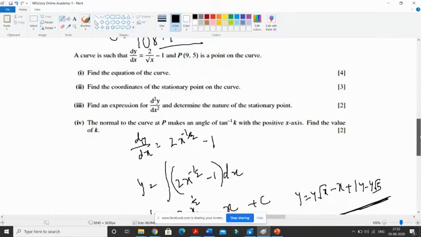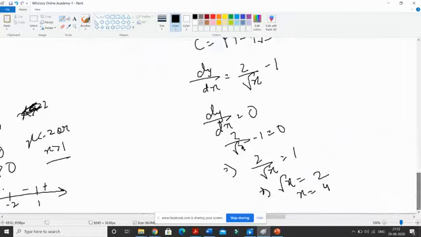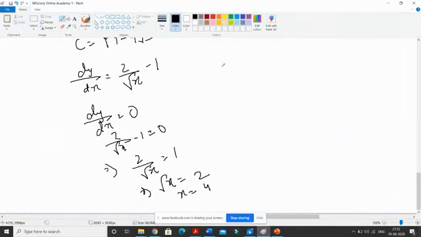Find an expression of d square y over dx square and determine its nature. So let's find out the second derivative. Third part. So dy over dx is 2 x to the power minus 1 over 2 minus 1.